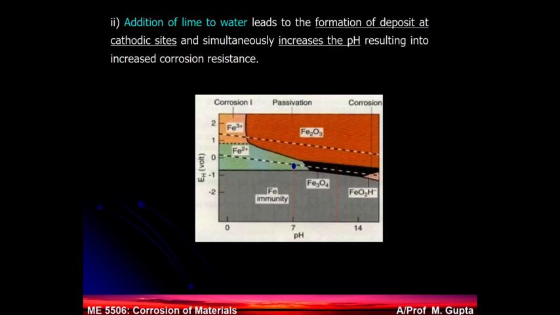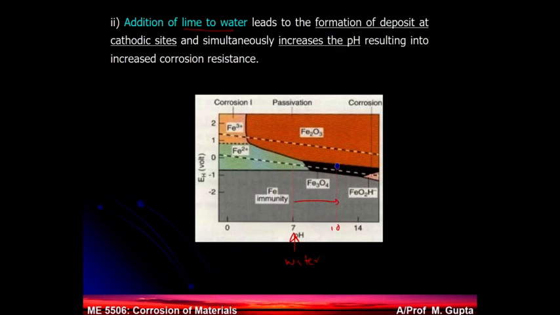Also, in case of steel, for example, at times people add lime to the water, which helps in the formation of deposit, because if you look at the Pourbaix diagram, the water is at 7 pH. If you add the lime, it increases the pH, so now you are about 10.